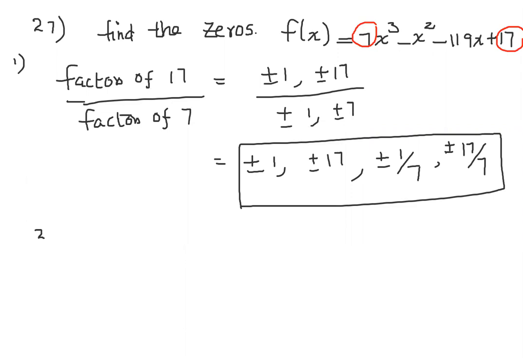Next, part 2, we have to test if x equal to 1 is a 0. We can do this in different ways, but you have to find the remainder. So I'm going to divide this by 1.